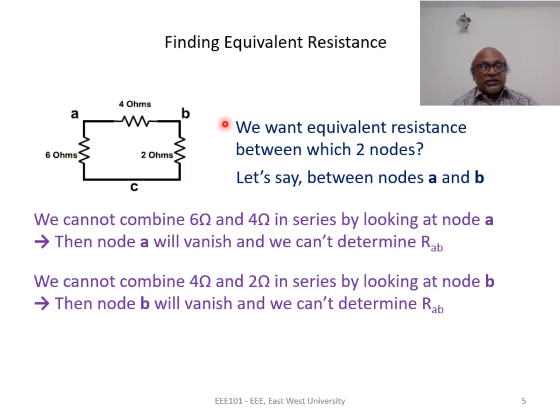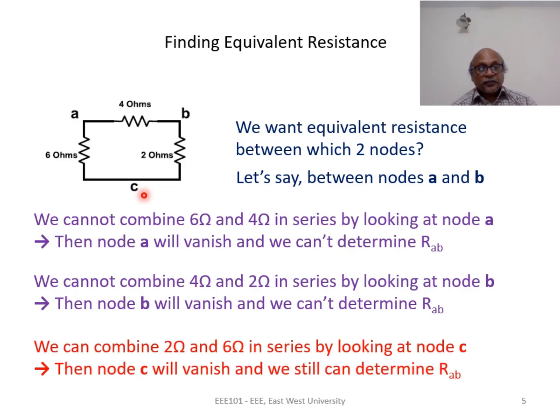If we look at node C, then we see 6 ohms and 2 ohms are in series. If we combine them in series, the resultant 8 ohms will appear between node A and node B, and node C will vanish.